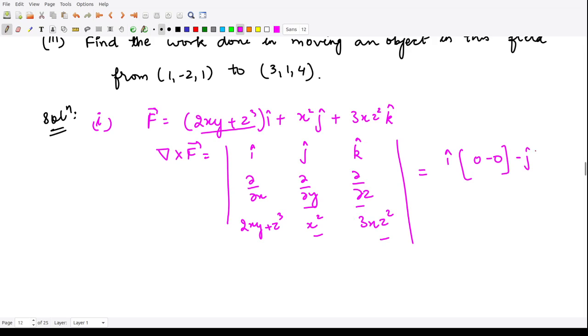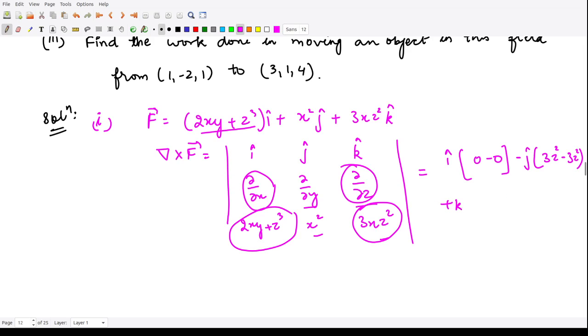Then minus j cap times, for j cap, you will apply this operator onto this, so this is going to be 3z² minus, applying this operator onto this function, again 3z². And for k cap, you apply this operator onto this function, which gives 2x, minus applying this operator onto this function, which is also again 2x.